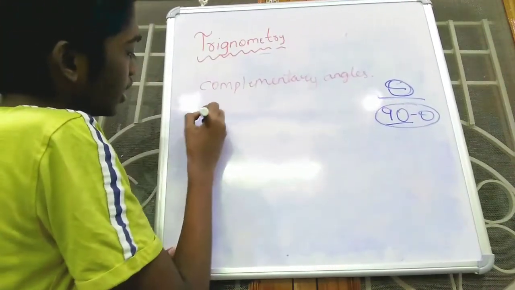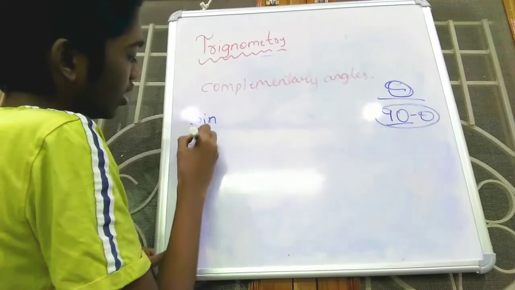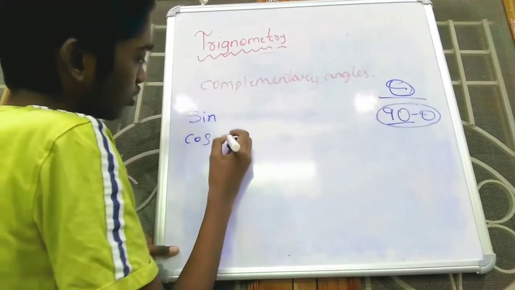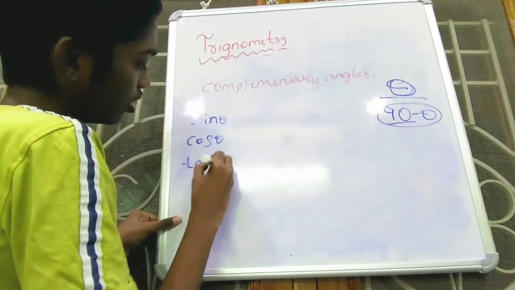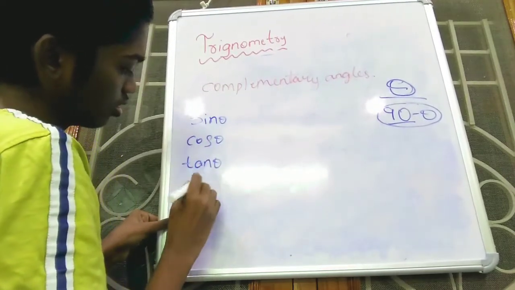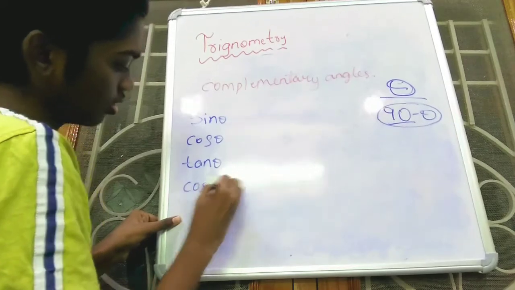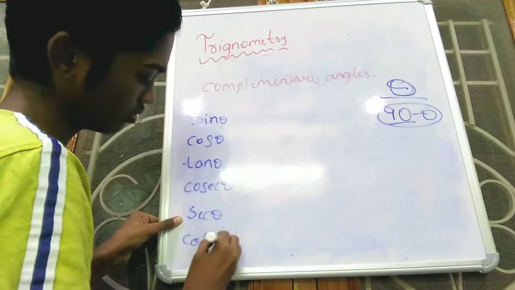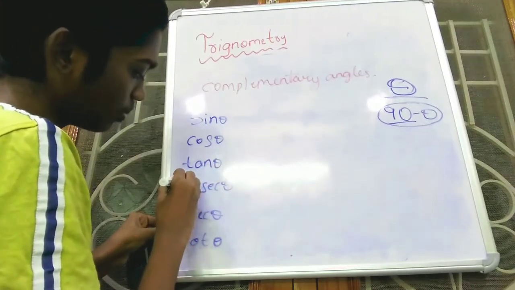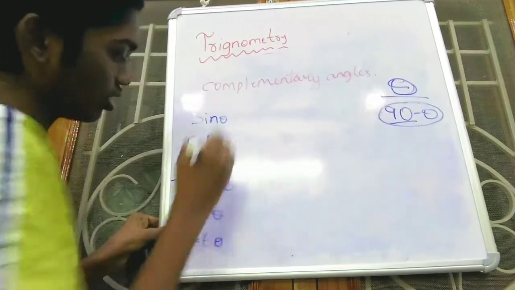First we are having sin theta, cos theta, tan theta, cosec theta, sec theta, and cot theta. These three are the reciprocals of these ratios.